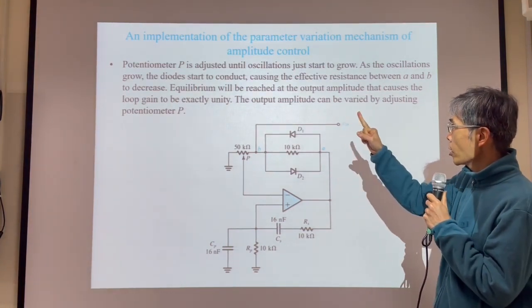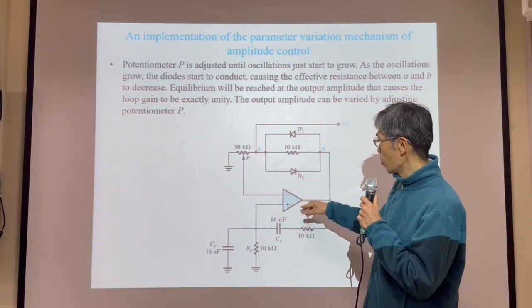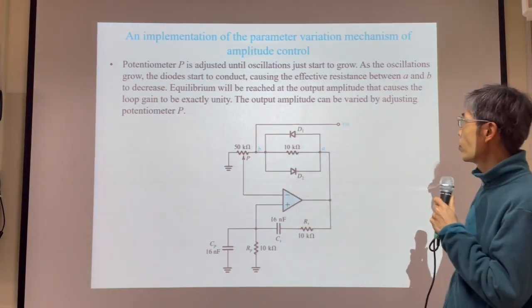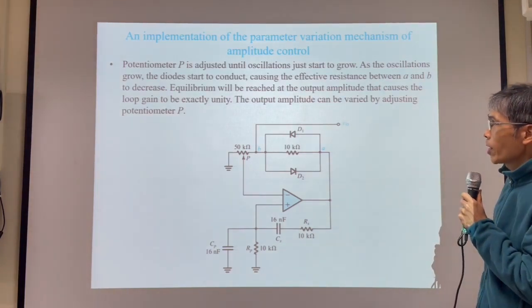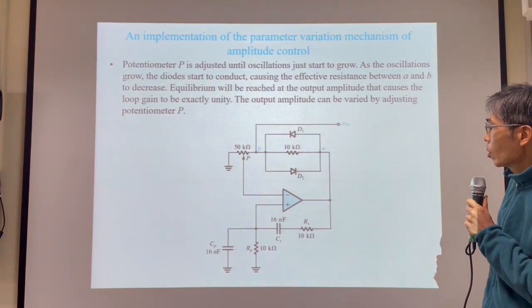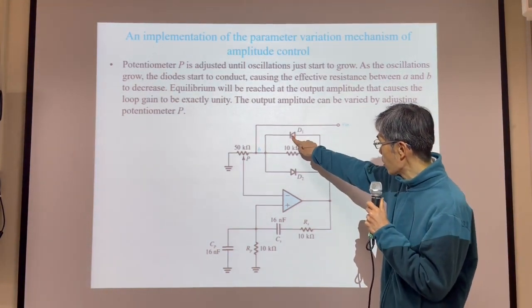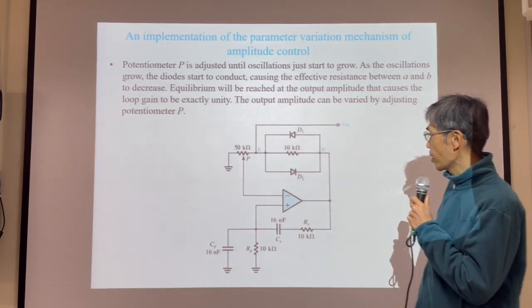So P is adjusted until we start to have oscillation. The diode, this is a diode. This one is a diode. This one is a diode.